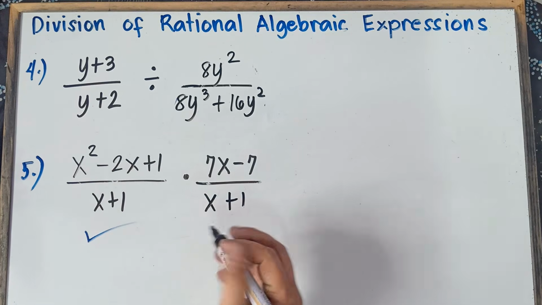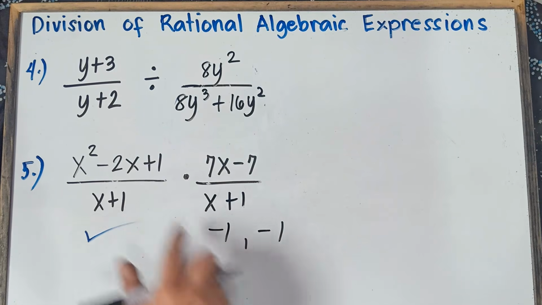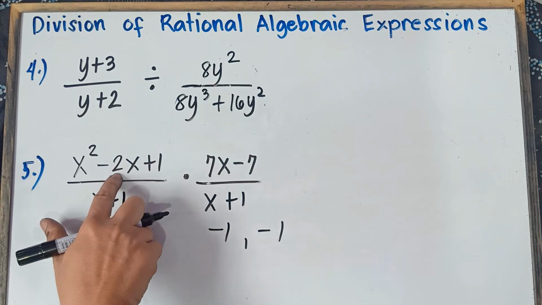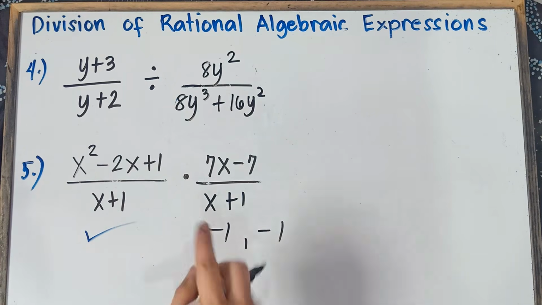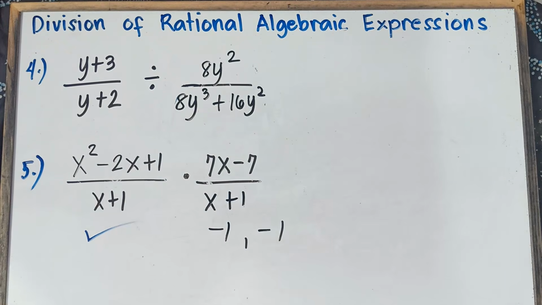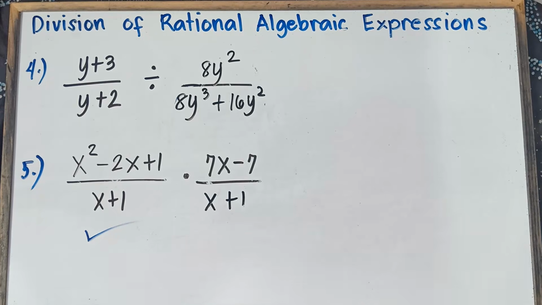Of course, the numbers should be negative 1 and then negative 1, right? Because if you multiply negative 1 times negative 1, you will get positive 1. If you combine negative 1 with negative 1, you will get negative 2. So those are the factors, class. And then this one, 7x minus 7, you factor this out by 7. So once again, class, you try number 5 and then you put your answer on the comments section down below.